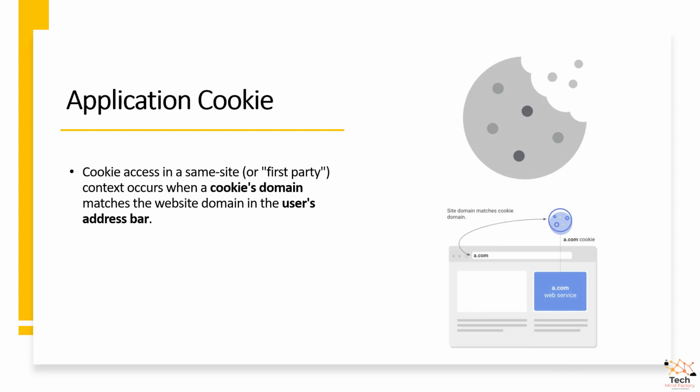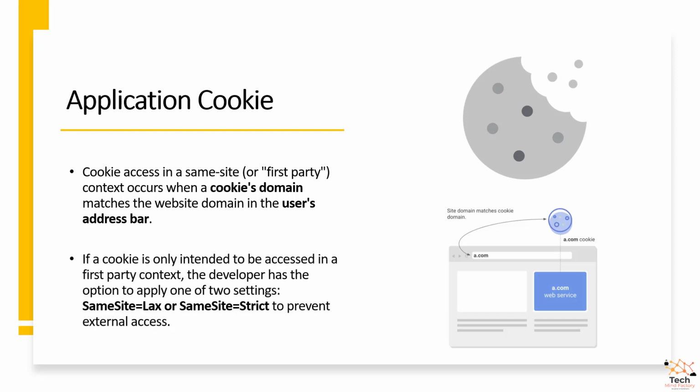Cookie access in a same site or first-party context occurs when a cookie domain matches the website domain in the user's address bar. So as you can see on the right side, if the cookie domain matches the address that is displayed in the address bar of the browser, we say that cookie access is in a same site or first-party context.